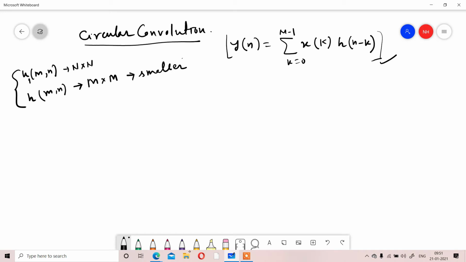You have to do the circular convolution between u1(m,n) and h(m,n).